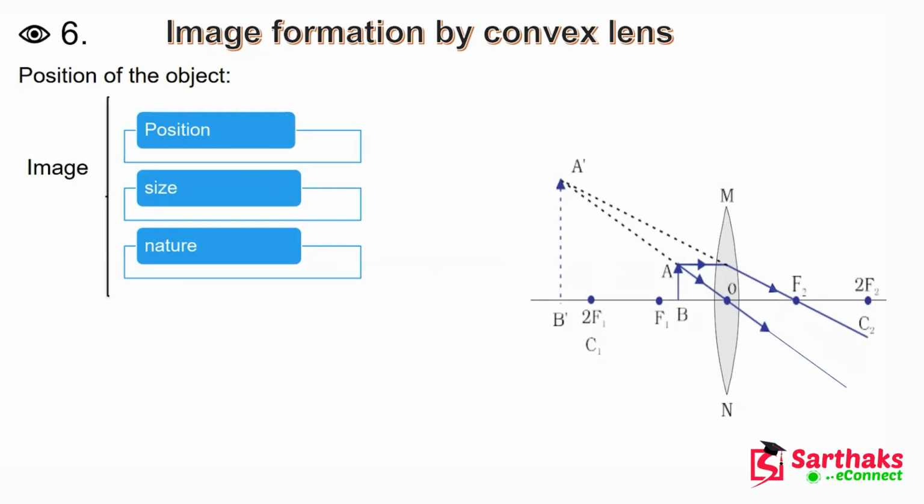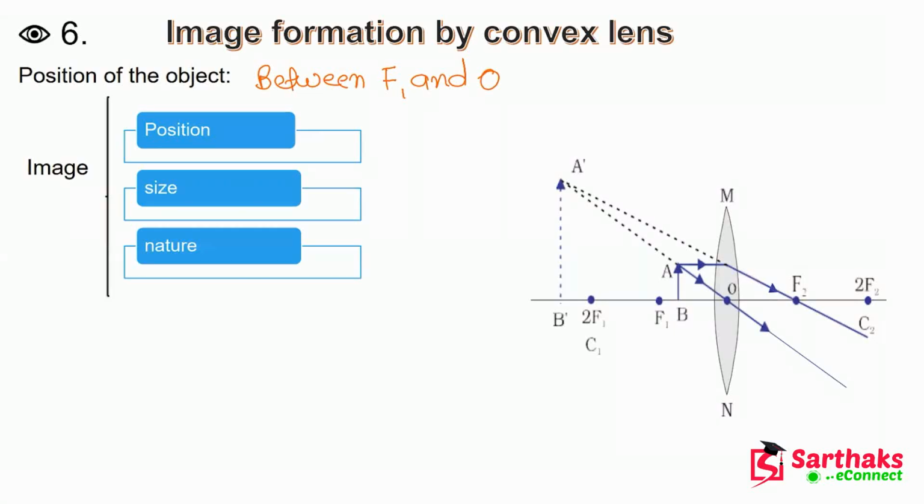In the previous case, we had placed the object at F1 in case number fifth. In this case, we will bring it even closer and place it between F1 and O. O is the optical center.